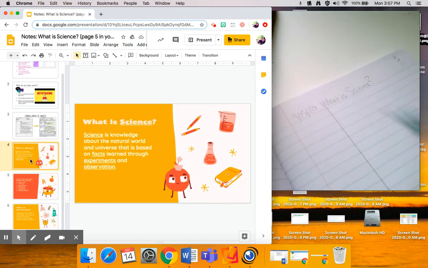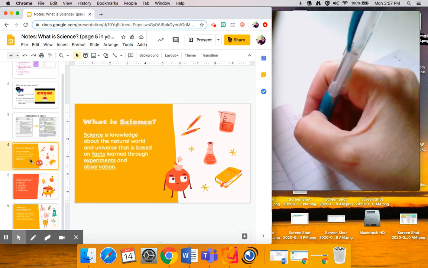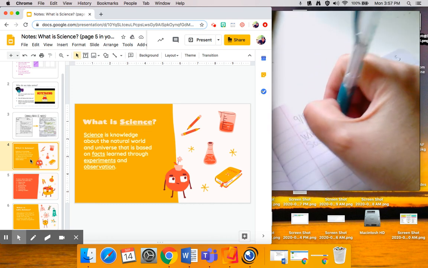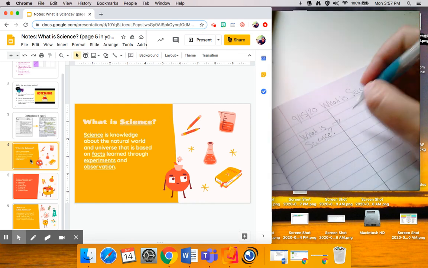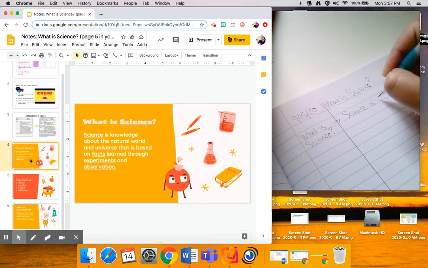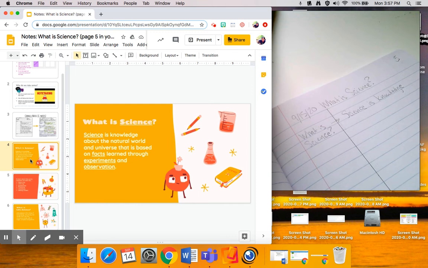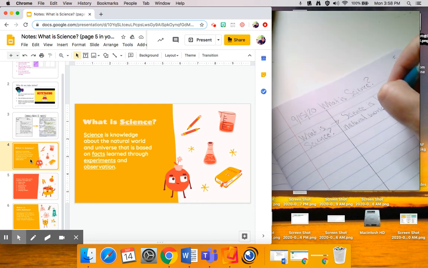So on the left-hand side, I'm going to put what is science? And on the right-hand side is where I put the answer. Science is knowledge about the natural world and universe.